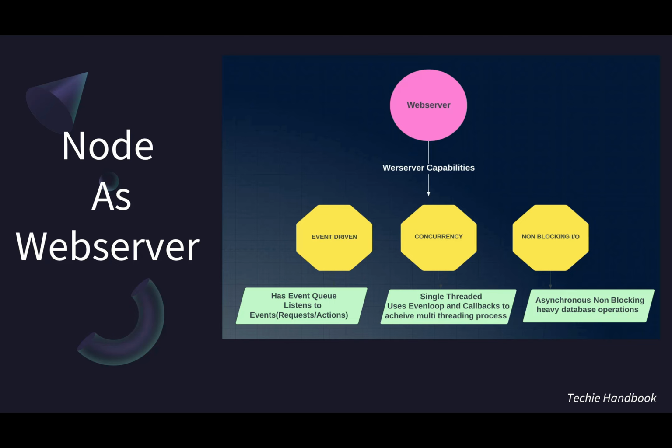These are the common characteristics of a Node web server. So, Node is a web server for web applications. It's a JavaScript web server for all JavaScript-based applications. For example, if you're creating any web application using React.js or Angular or Vue.js or any other JavaScript framework, Node will be your web server.